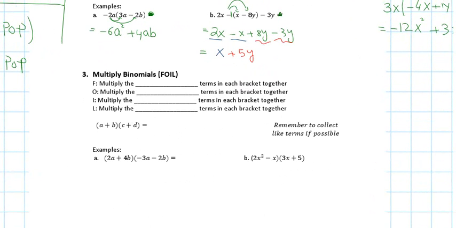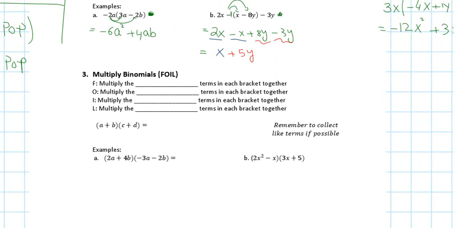A multiplied by C first, and then A multiplied by D, then B multiplied by C, and B multiplied by D. So I have the distributive property twice here. Okay, eyes on me.